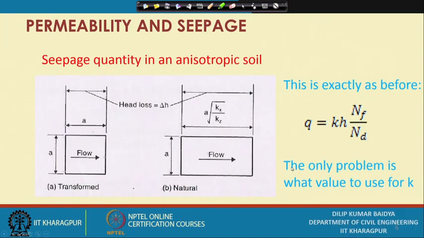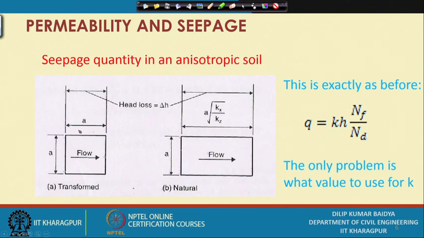I have taken now the two sections. This was the natural section, with x here, and maybe in some relation it is there, and this is the y direction, and this is transformed into this form.